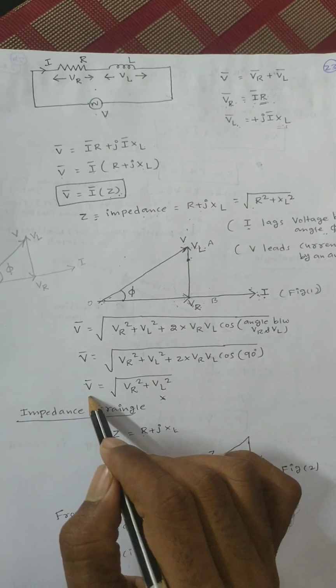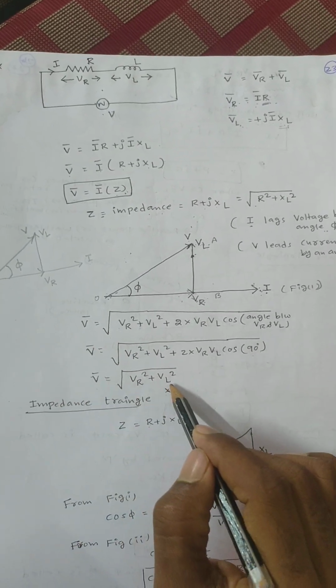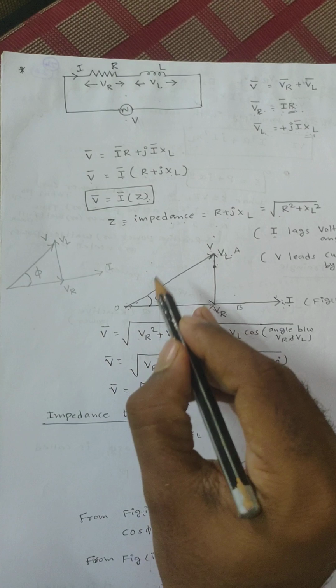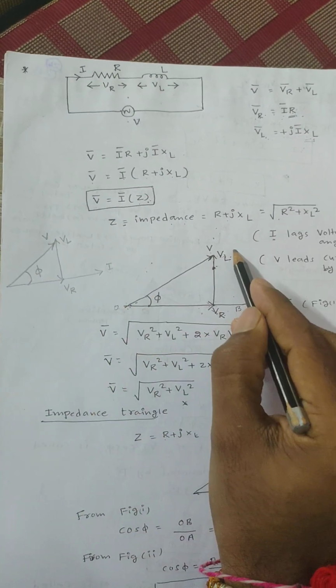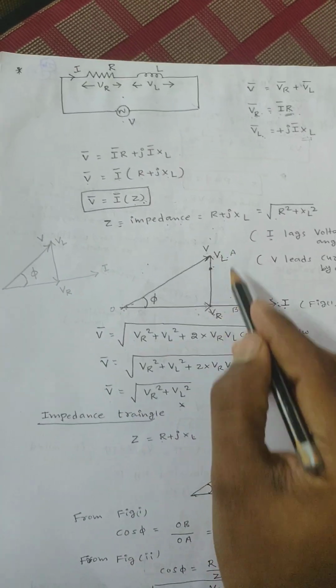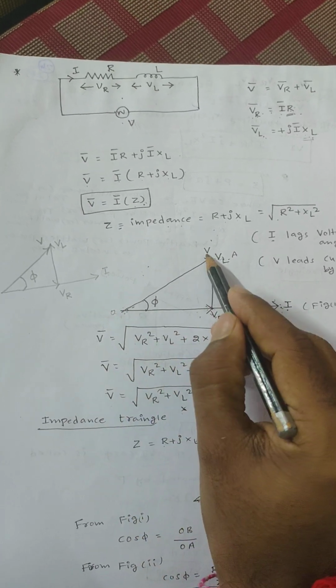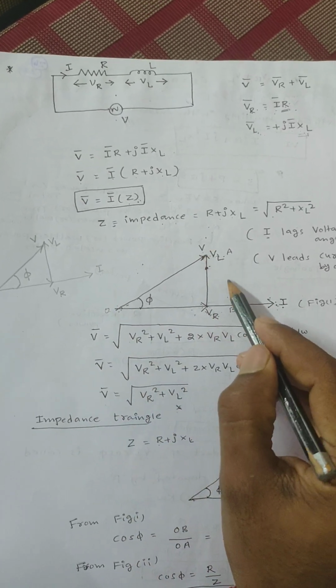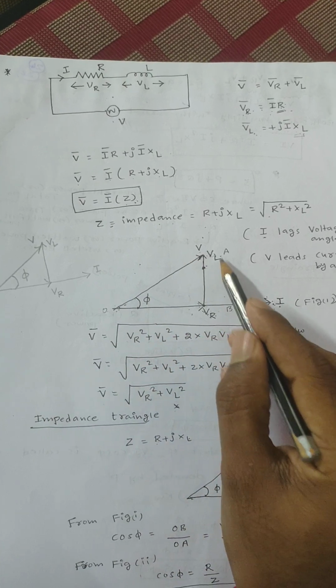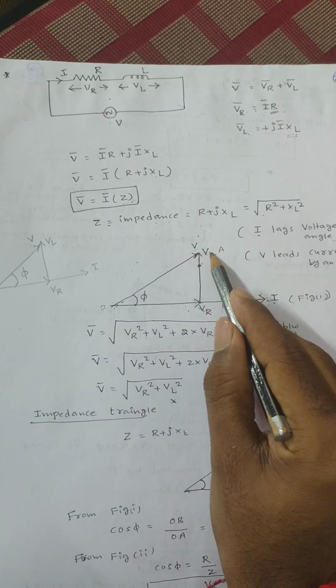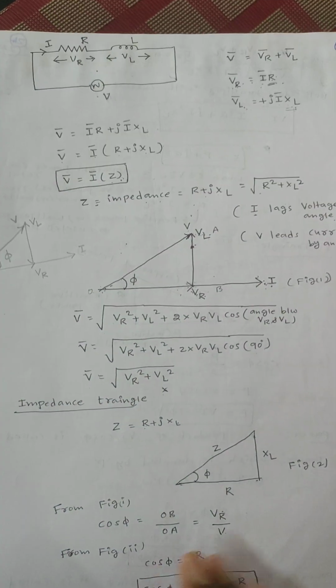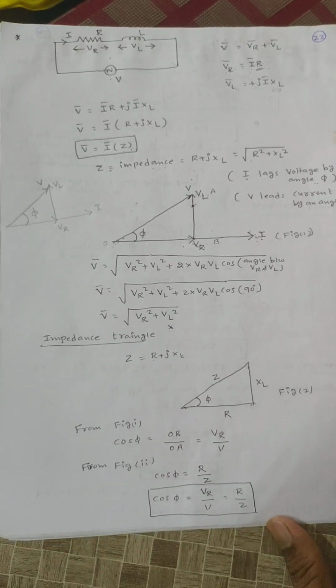Then the total voltage V is equal to under root VR square plus VL square. Otherwise you can use the Pythagoras theorem: OA square is equal to OB square plus AB square, right? OA is nothing but V, that means V square is equal to VR square plus VL square. Then V is again under root VR square plus VL square.